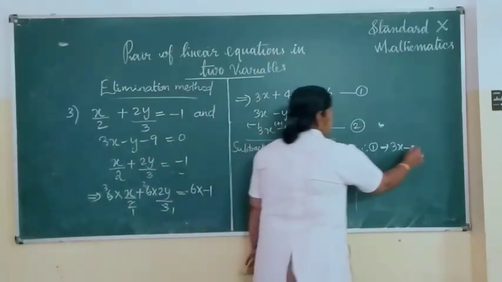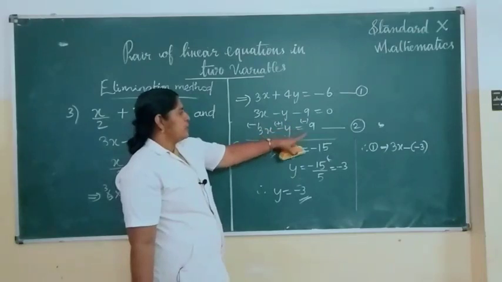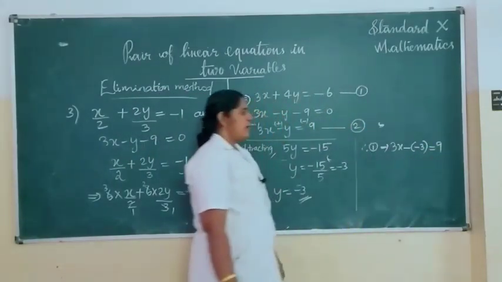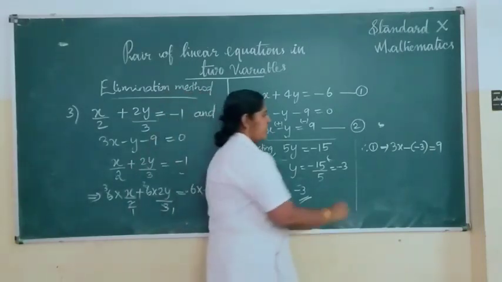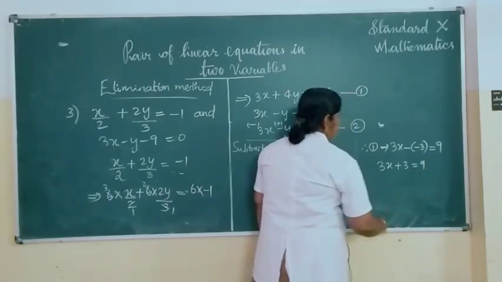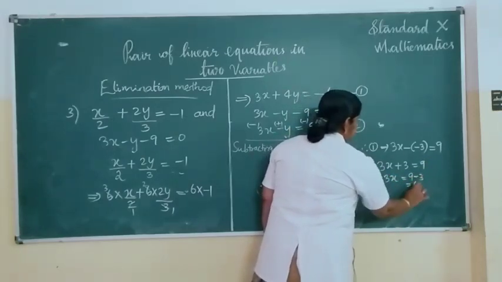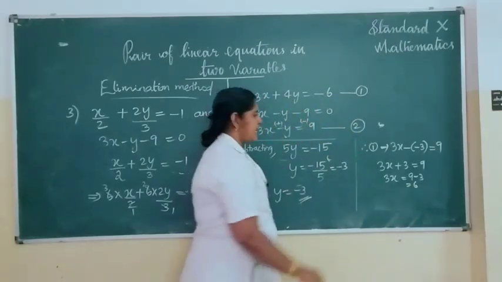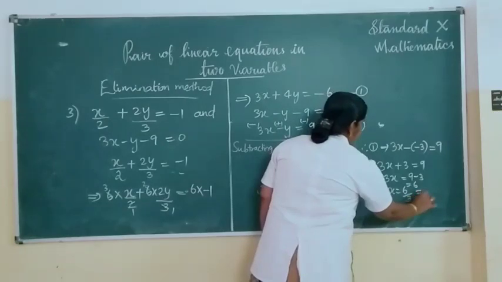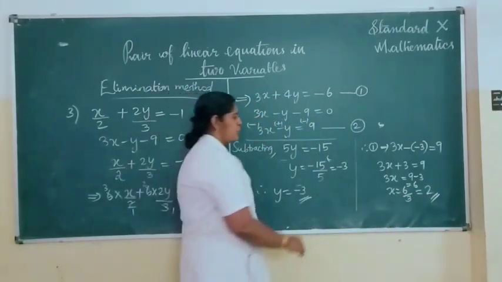So it is minus of minus 3 equal to 9. Now you can simplify: 3x plus 3 equal to 9. 3x equal to 9 minus 3, that is 6, and x is equal to 6 by 3, that is 2. Thus, you got the value of x equal to 2.